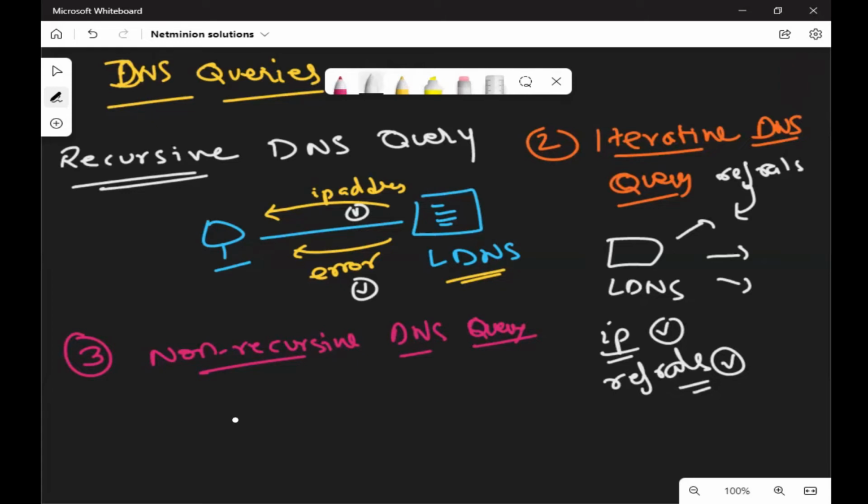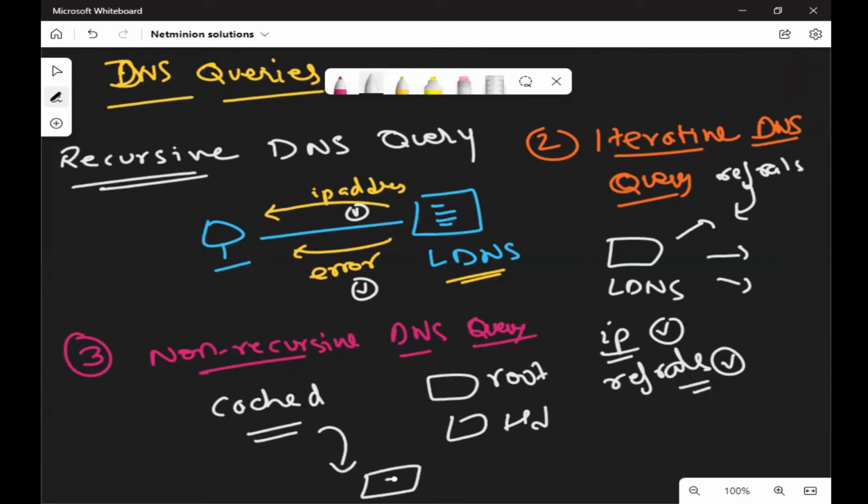Non-recursive queries are those for which the recursive resolver already knows where to get the answer, like the answer can be cached. On the recursive server, they need not go to the root or the TLD or somewhere else. Your recursive resolver is aware of the authoritative server also. Those queries are named non-recursive queries, and non-recursive queries always give you the answer.